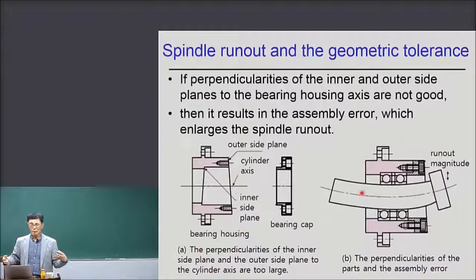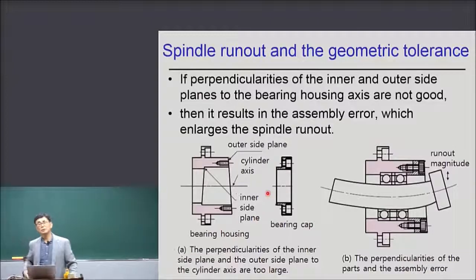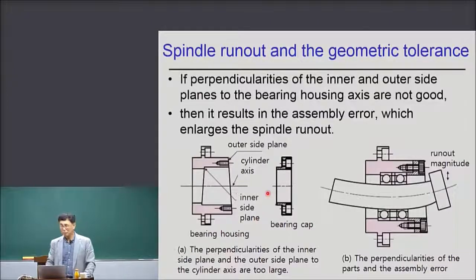Okay, so the runout magnitude, which is one of the geometric tolerances, is determined by another geometric tolerance: the perpendicularity of the planes to the cylinder axis. So this is another example which shows the importance of geometric tolerance.